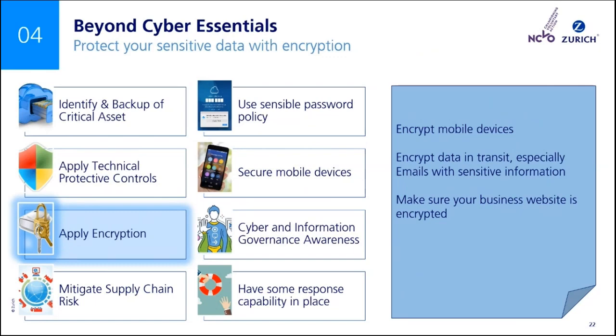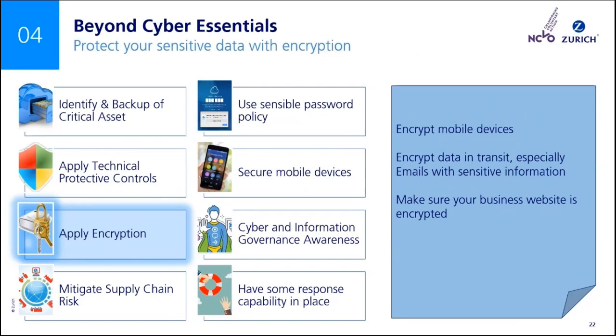Even if you don't have your own internal Exchange server or Office 365, even the normal email providers, like the free email providers or the ones known in the market, nowadays are giving the ability to encrypt your email. So if you are sending any email with sensitive information, make sure it is encrypted.